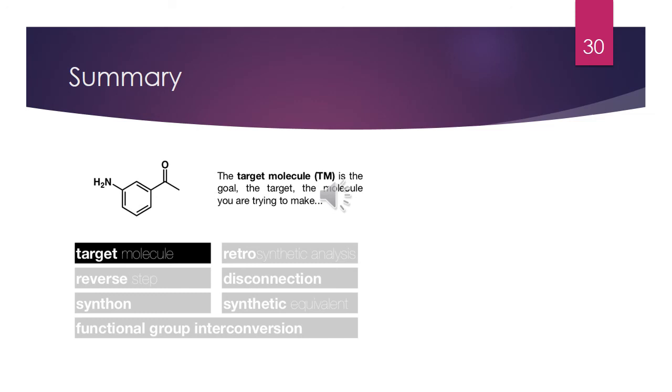We know that NH2 can be easily obtained by reduction of a nitro group. So FGI of this molecule will yield a nitro group instead of the NH2 group, right? Now this nitro group is meta to the carbonyl group. The carbonyl is meta-directing, so it's easier to bring a nitro group there.